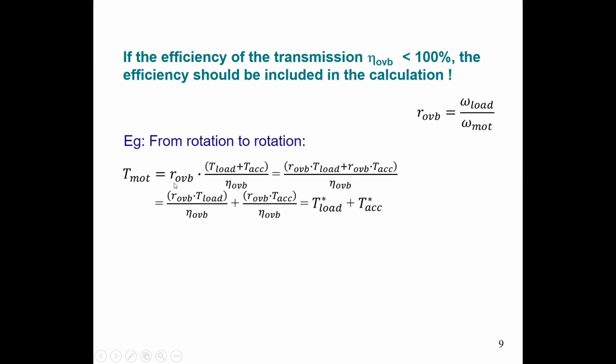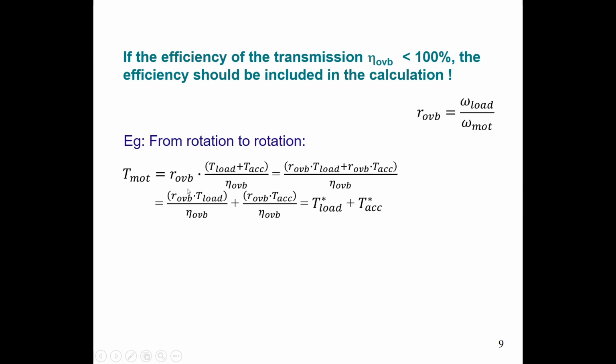So in order to get a lower motor torque over here, but because we have losses, we have to divide it by the efficiency of the transmission over here. So in that case, the motor torque becomes somewhat higher because it also has to overcome the losses in the transmission. So again, the motor torque is the combined torque at the load side, so the load torque and the acceleration torque, multiplied with the transmission ratio and divided by the efficiency.